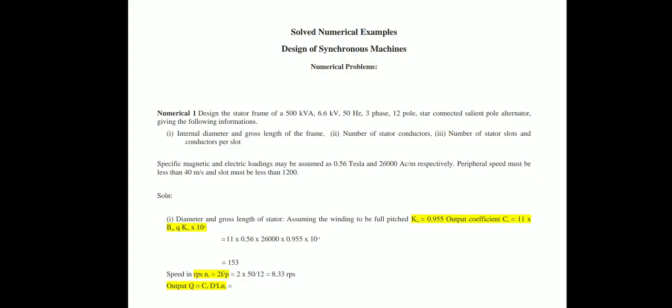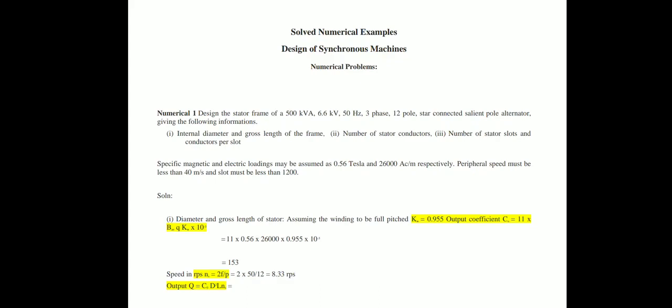Design the stator frame of a 500 kVA, 6.6 kV, 50 Hz, 3-phase, 12 pole, star connected salient pole alternator, giving the following information: internal diameter and gross length of the frame, second, number of stator conductors, and third, number of stator slots and conductors per slot.